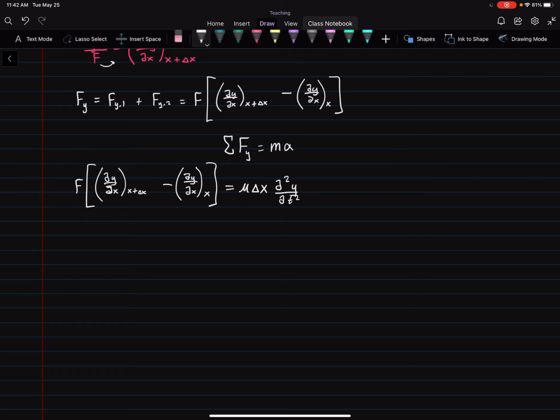This is acceleration of the particles. It's not a derivative with respect to x. We're not talking about the curvature of the string. We're talking about the acceleration of the particles, a derivative with respect to time.